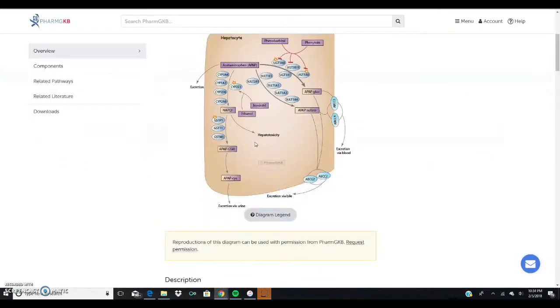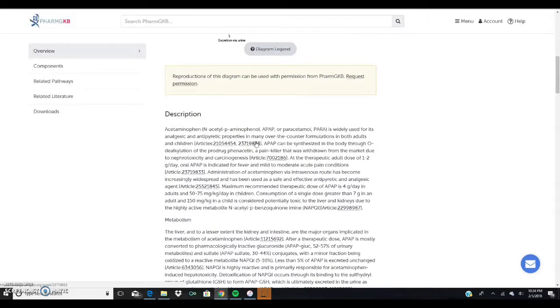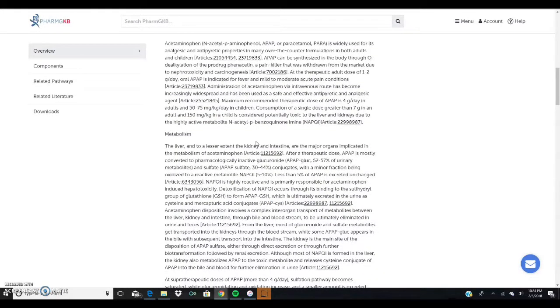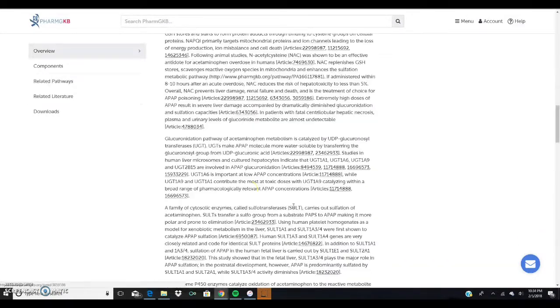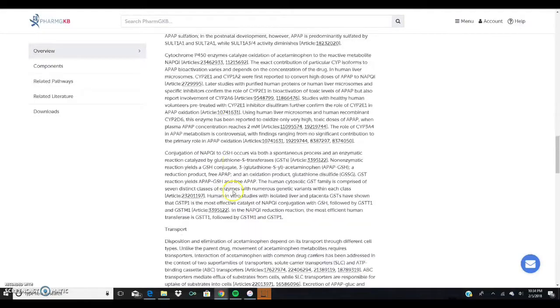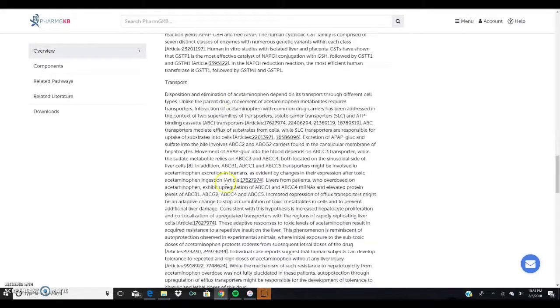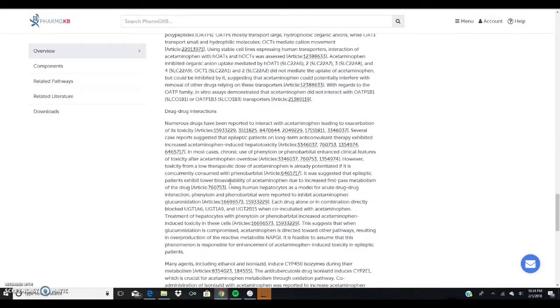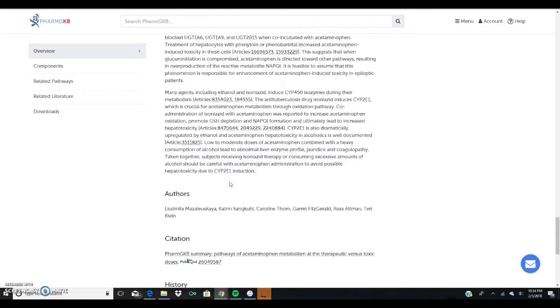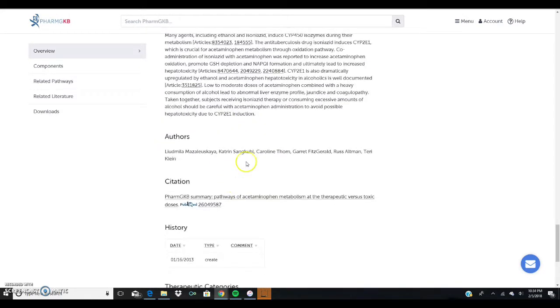This shows the description of the drug and how the drug metabolizes in our system. There are different ways acetaminophen metabolizes in our system, as you can see in the description that's given in the Pathways tab.